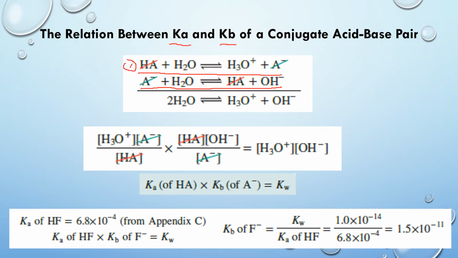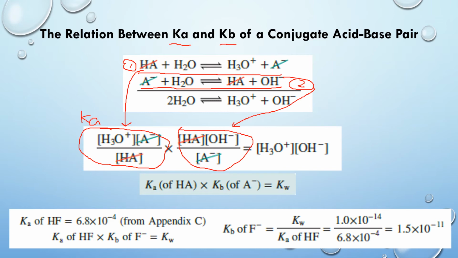For the first reaction, when you express the K value, you can write it like this. So this is the Ka expression for the first equation. And for the second equation, for the base to generate the hydroxide, the Kb value can be expressed using these terms.